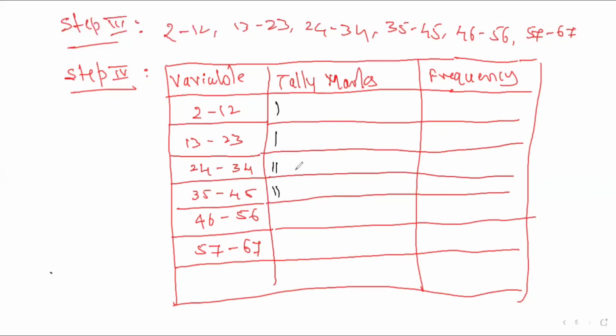Next is 30. Next is 12, 2 times. Next is 22, 22, 22. After that, we have 31, 31. Next, 30. Next, 29. Next, 12. Next, 21. Again, 22. Next, 19. Then 63.